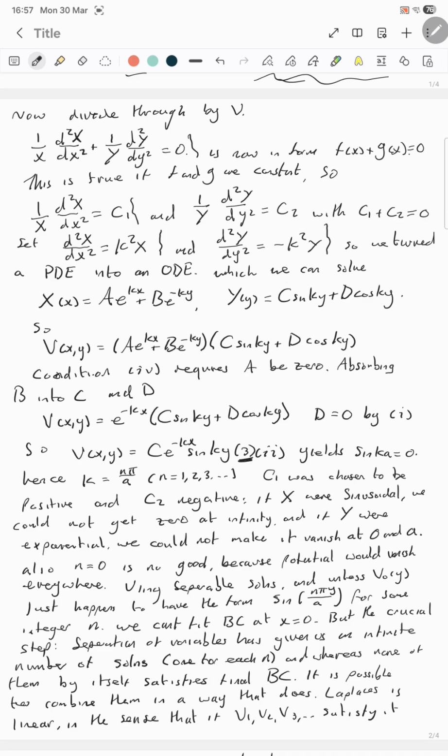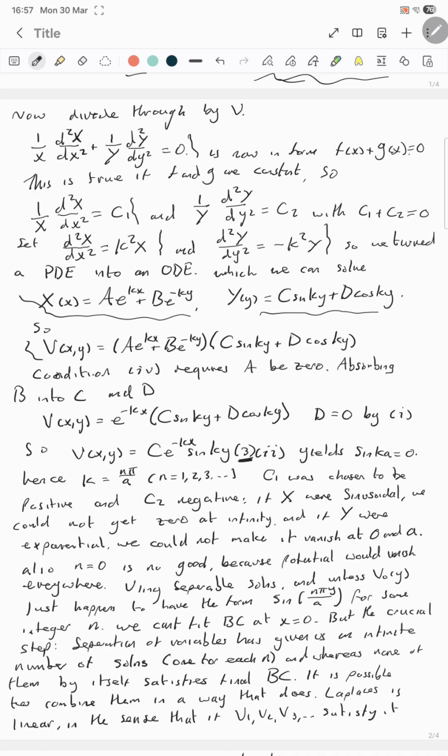Now we've turned a PDE into an ODEs, which we can solve.